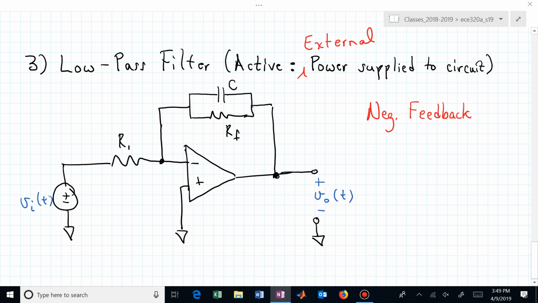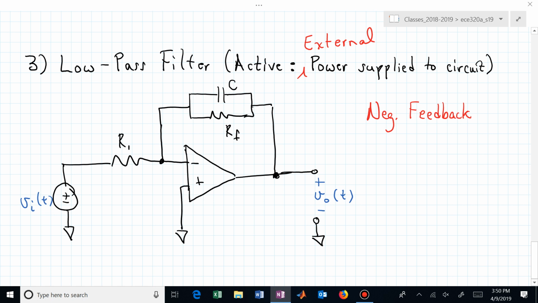And again, we have negative feedback. We're feeding back a signal from the output to the inverting terminal of the op-amp circuit, and that gives us this negative feedback that is desirable. We want that to be in place.